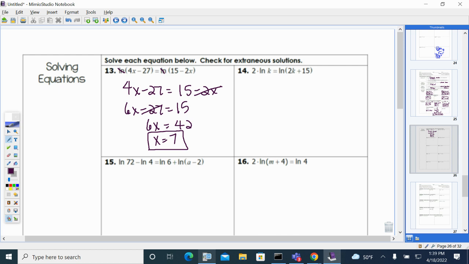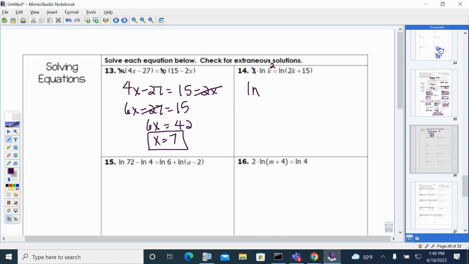Let's look at number 14. Number 14 says 2 times the natural log of k is equal to the natural log of 2k plus 15. So before I can drop my logs here, I do need to make sure I condense both sides into just one log. So that 2 needs to be moved to the exponent.